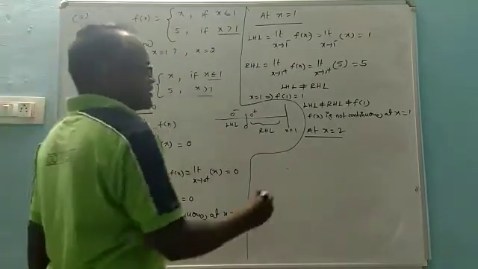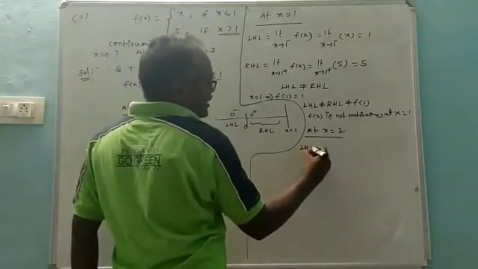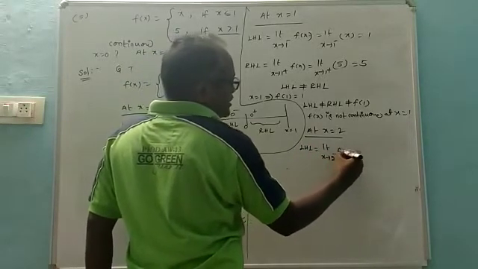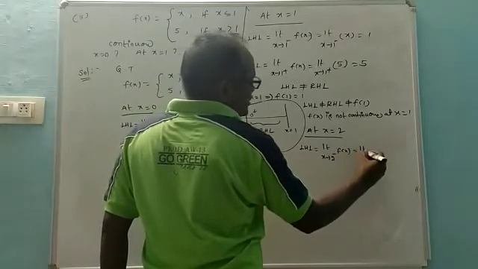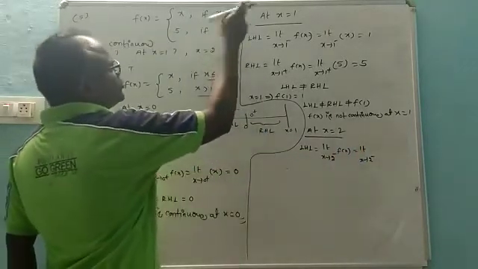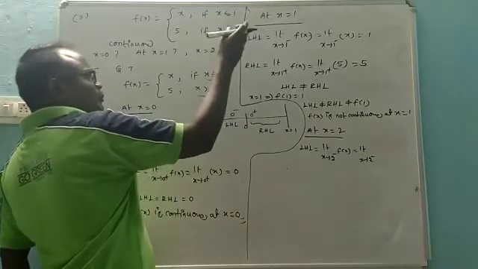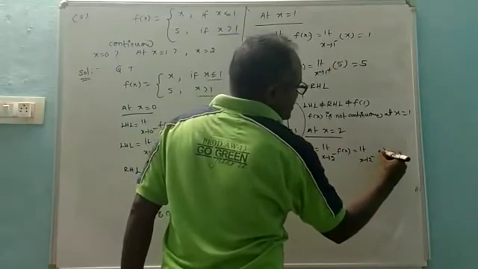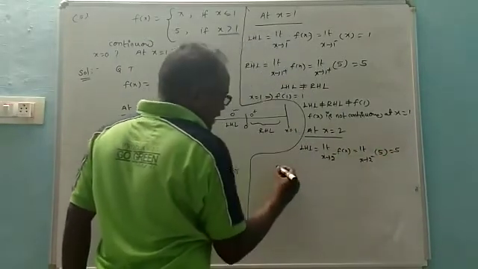It is the constant function. So the left hand limit is equal to limit x tends to 2 minus f of x. 2 minus means the value before 2, 2 plus means the value after 2. It is 5. So what about the right hand limit?